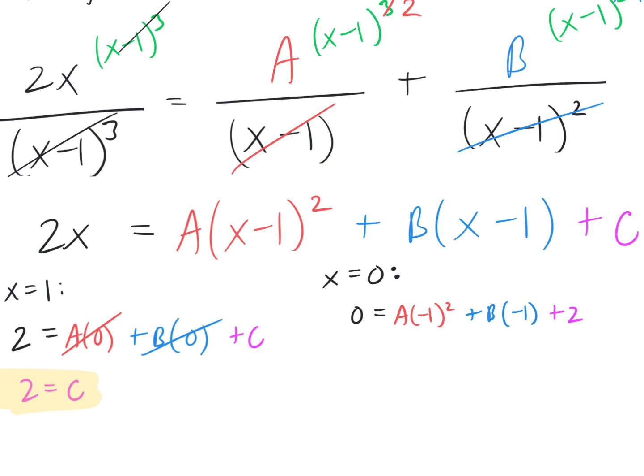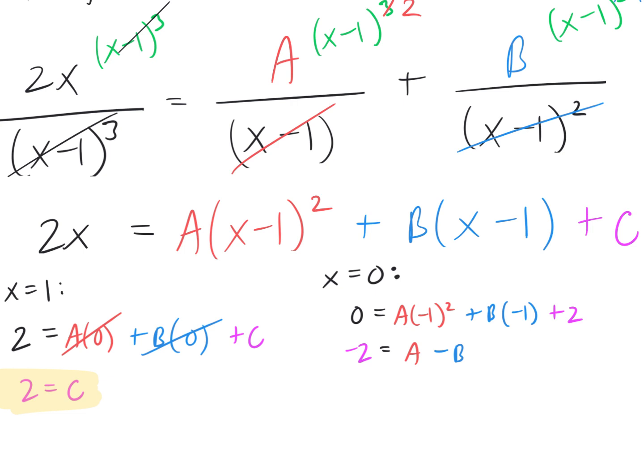And let's just simplify that out here. If I simplify this, I get a minus b on the right-hand side. And then can we move that 2 over to the other side? Yeah, so minus 2. I've got now one equation with 2 variables. If I find another equation with 2 variables, I can solve it, right?